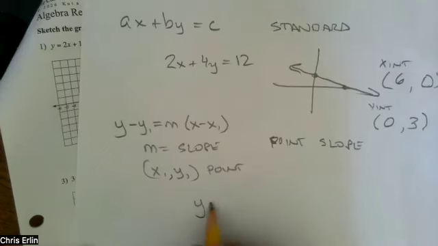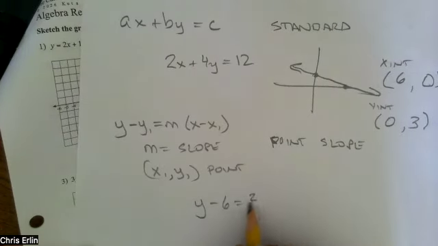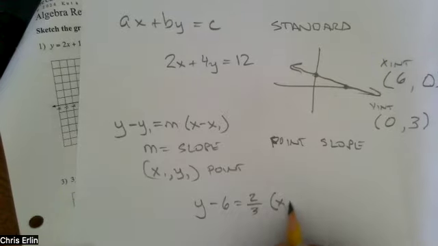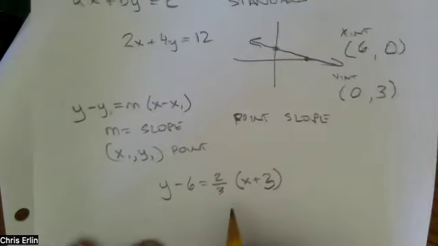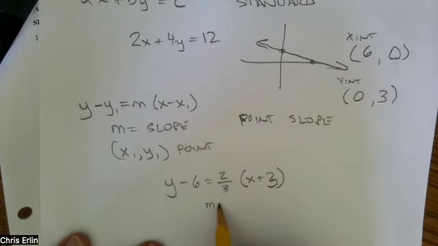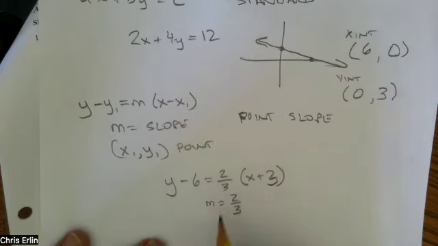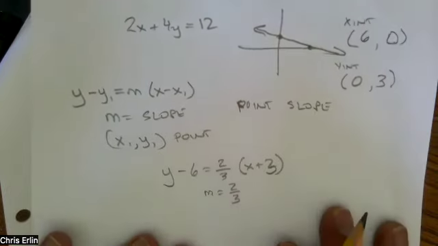So for example, if I had y minus 6 equals 2/3 times x plus 3, I could look at this and say, okay, I know my slope can be pulled out directly as 2/3. And I know that these two components will give me some point, some coordinate that lies on the plane.